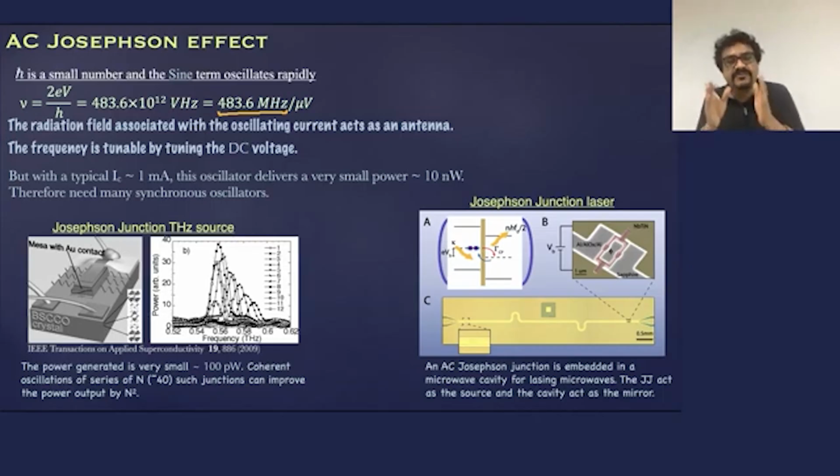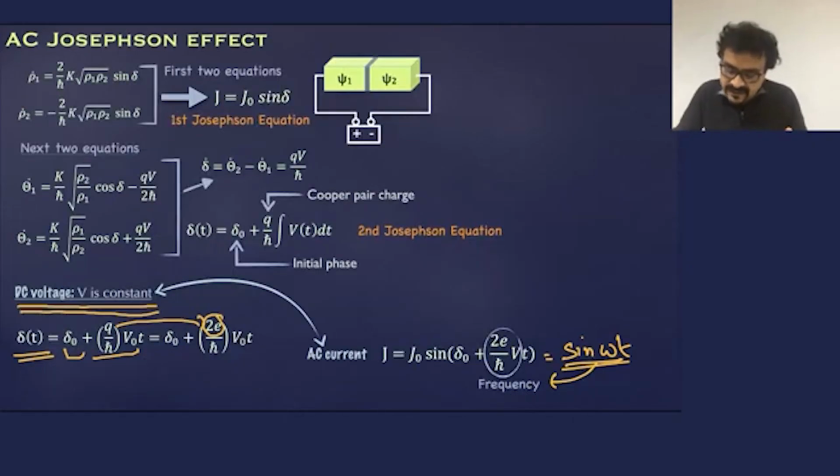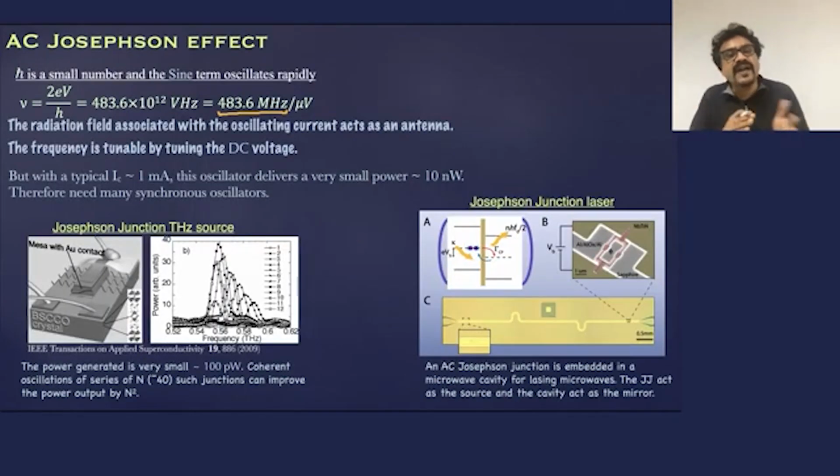Okay, when you apply the voltage across the junction, the oscillating current given by this relation is going to act like an antenna and is going to emit radiation in this frequency.